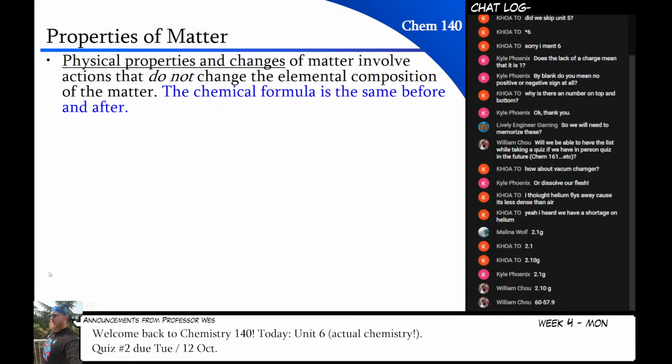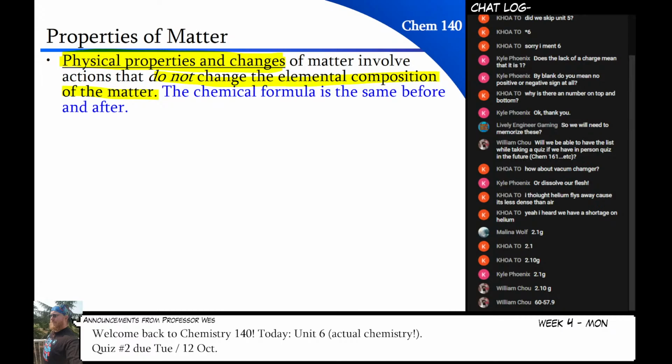So our first example here is if something does not change the formula, we're going to call that physics, or a physical property or change. In our aluminum foil example, this would be me tearing the aluminum into small pieces, or folding it into an origami crane because it's shinier, I guess, that way.